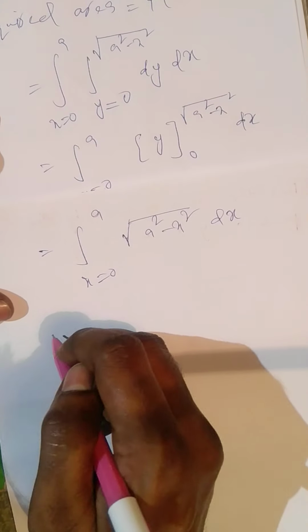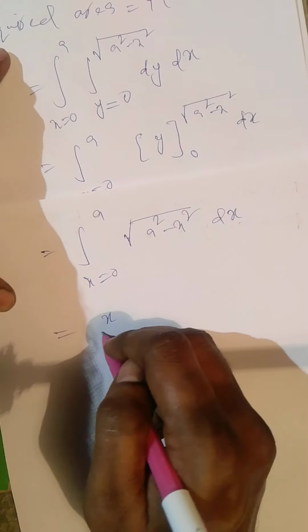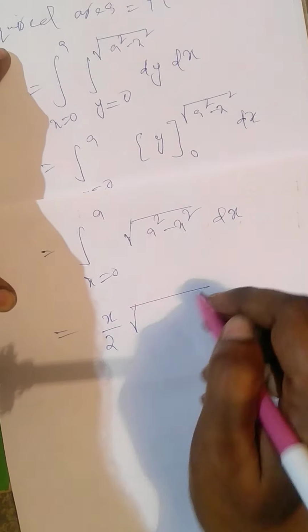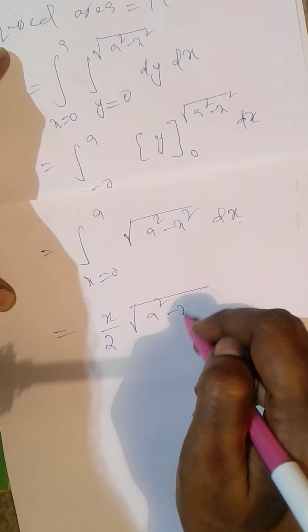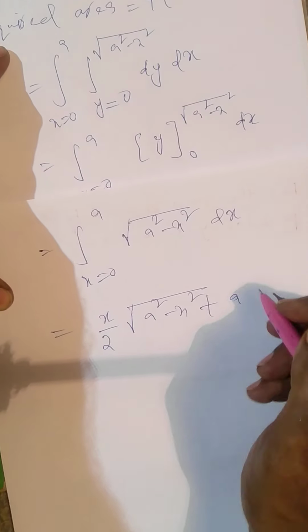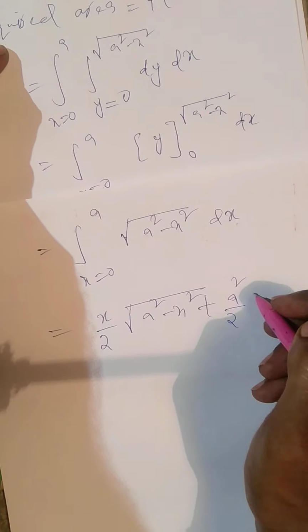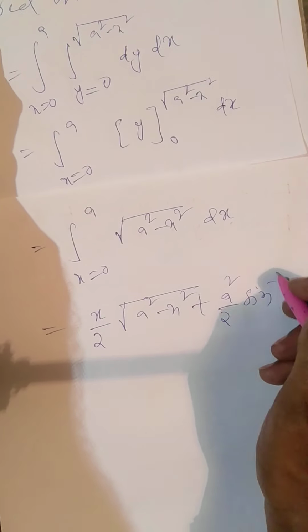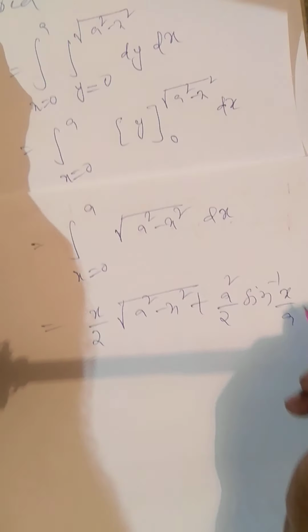Now what is the integration of root of a square minus x square? We have the formula: x by 2 root of a square minus x square plus a square by 2 sine inverse of x by a. What are the limits here?